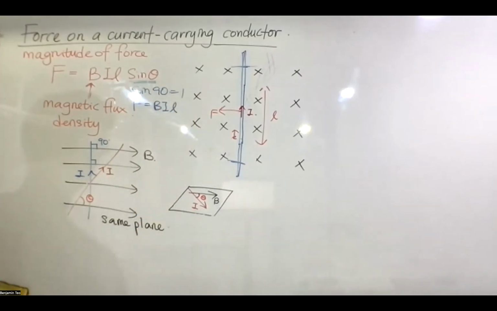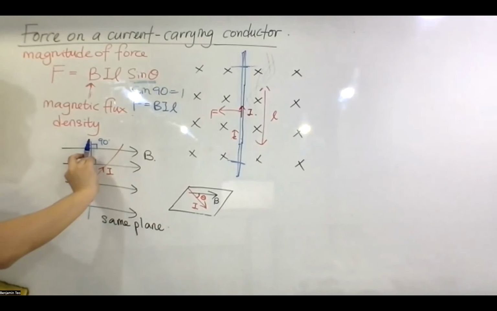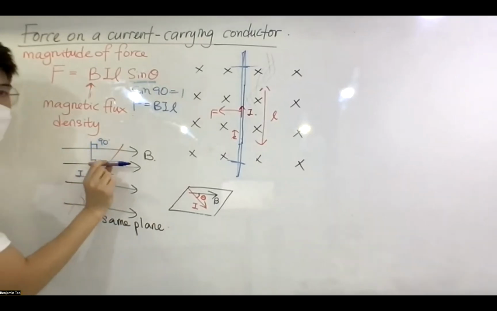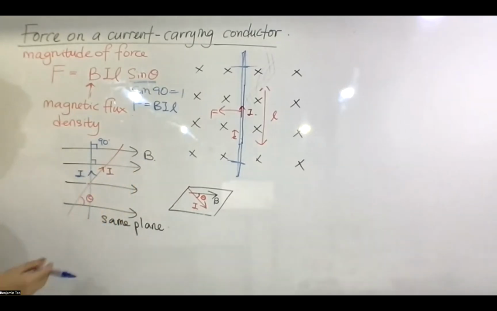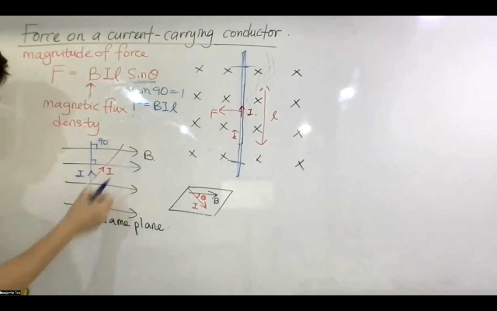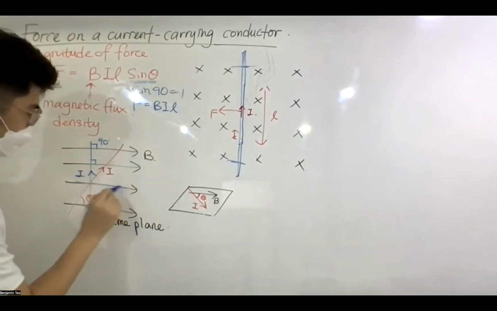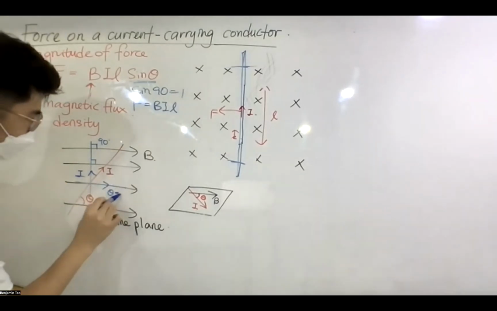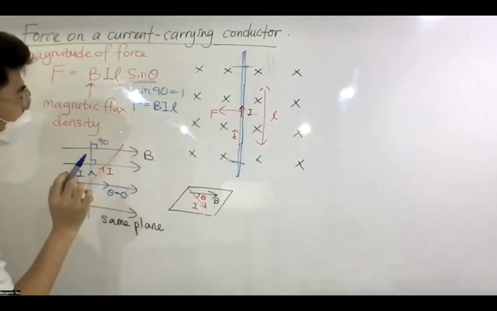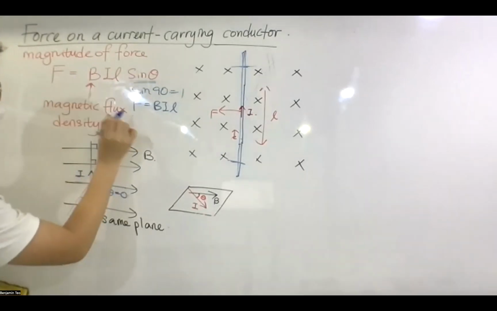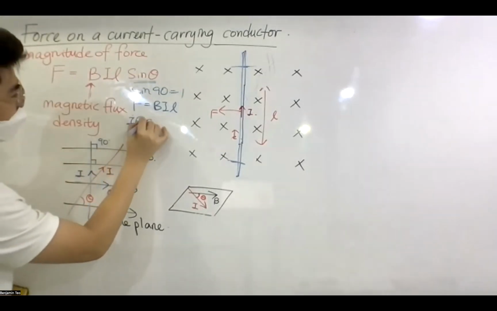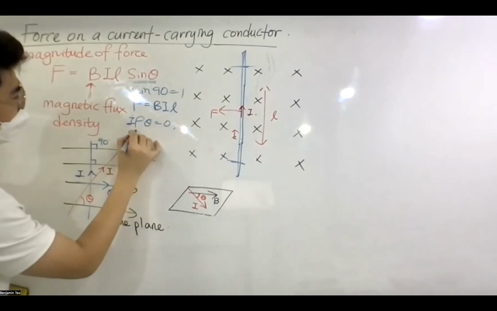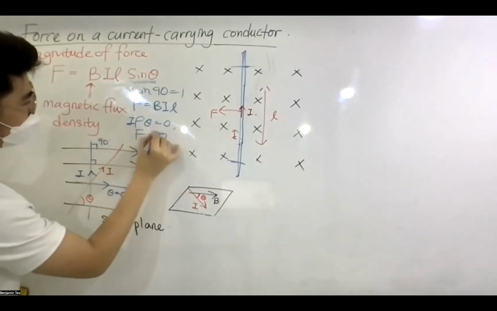If this one, I twist it and it becomes parallel to this one, then the angle it makes is 0. If angle is 0, then F equals to 0.